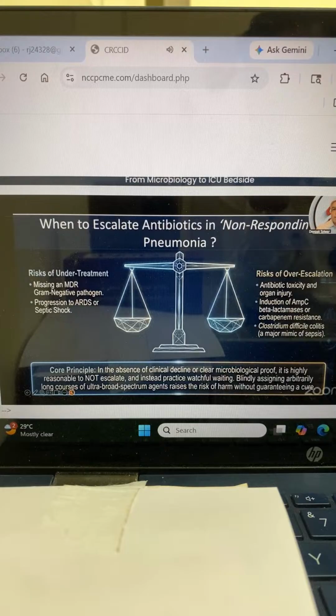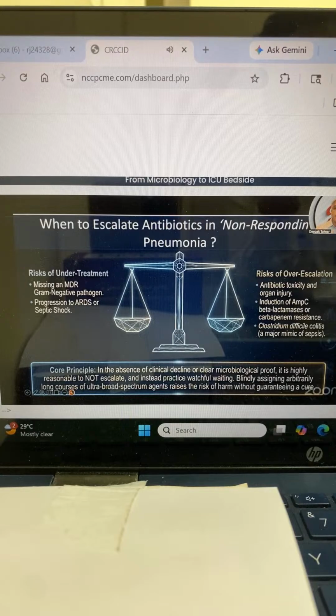You might be missing an MDR gram-negative pathogen because a lot of the times the cultures are not very good in quality, quantity, as well as reporting. And also, if there is under-treatment, there is always an element of fear that this may further progress to ARDS and septic shock and go on to perhaps an irreversible journey.